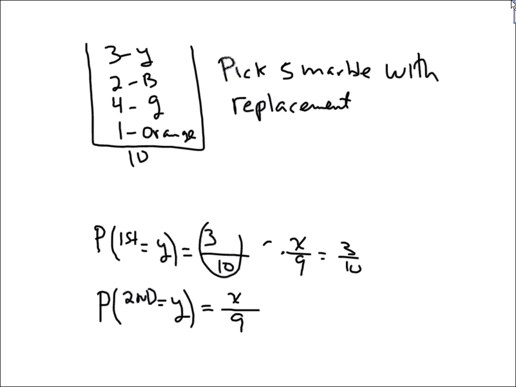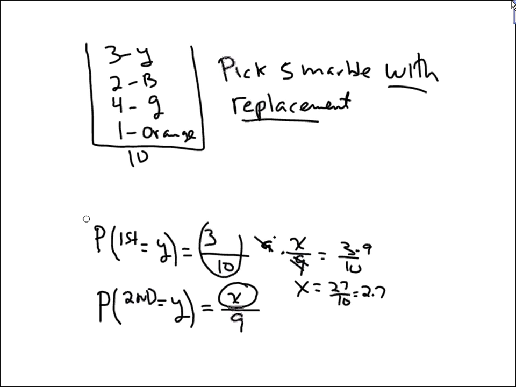Well, just bring this 9 up here. Multiply both sides by 9. X would have to be 27/10. Have to be 2.7. Well, trust me, there can't be 2.7 marbles that are yellow out of the 9. Okay, they're not going to be equal. The probability changes when you remove something. That is why I'm saying remove it, but then replace it. Take it out, look at it, then put it back.